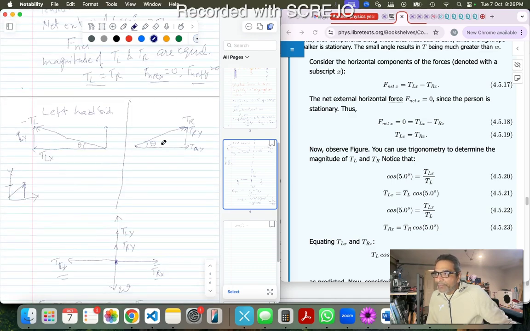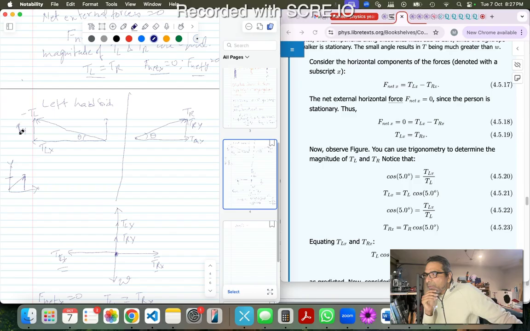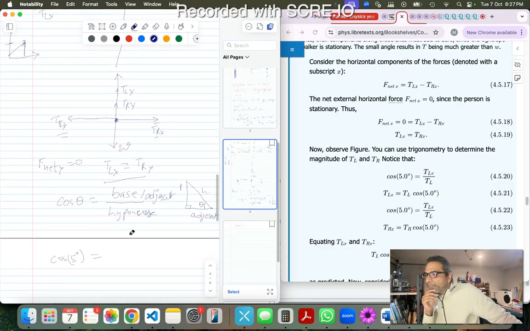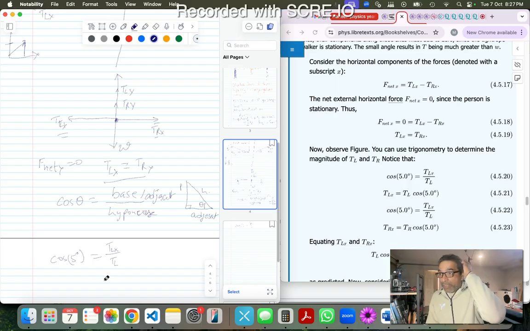From this diagram, we can say TL and TLX, right? So this is one thing.